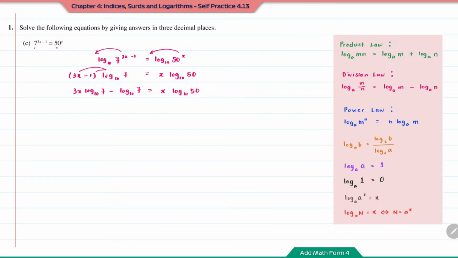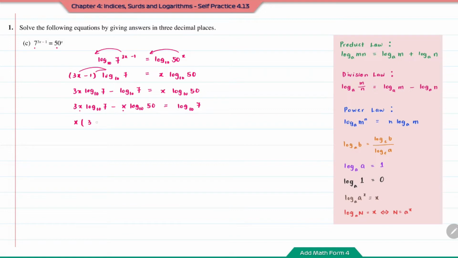We want to solve for the x, then move all the x to the left hand side. So here will be minus x times log base 10 of 50 equals the positive log base 10 of 7.